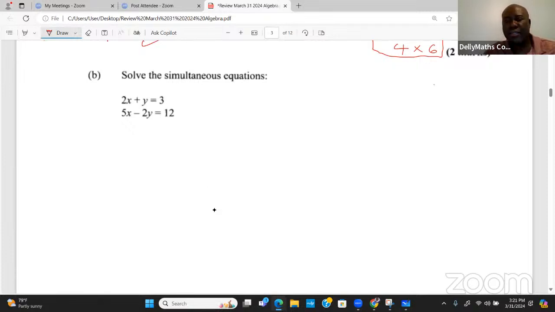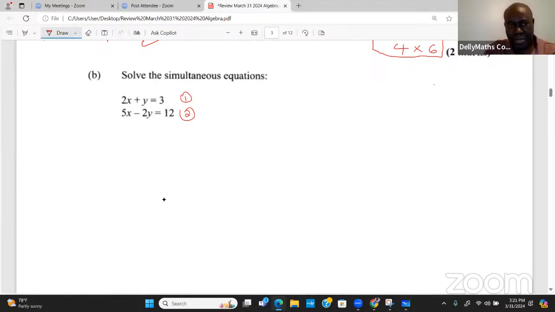All right, so in this case here, we have a simultaneous equation where we're asked to solve the simultaneous equation. Again, this is equation 1, this is equation 2. There are a few ways to approach this, I must say. I'm just going to approach it one way.